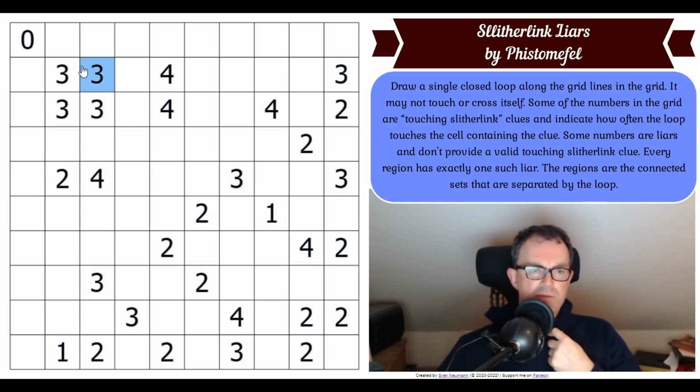I think there are simple versions of this where one of the edges of this 3 are loop, and as soon as you take an edge with a 3, the only way of completing the 3, I think, is like that.